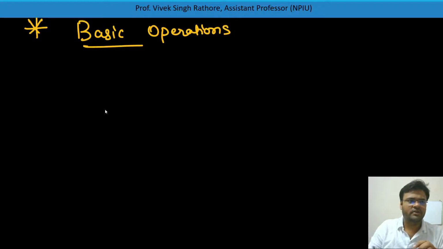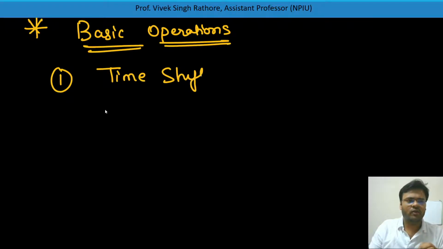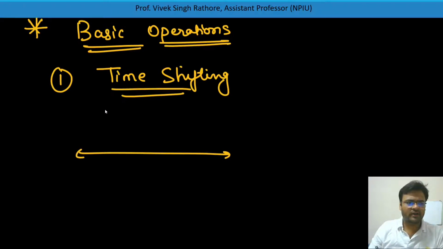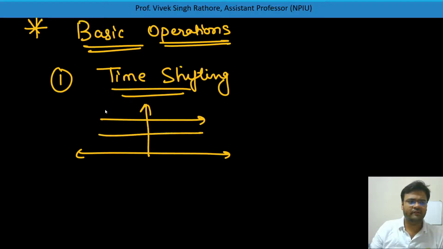Basic operations. First we'll see the time shifting operation. What is time shifting and how do we do it? The name suggests that in the time domain we are shifting a signal either towards the right-hand side or towards the left-hand side.